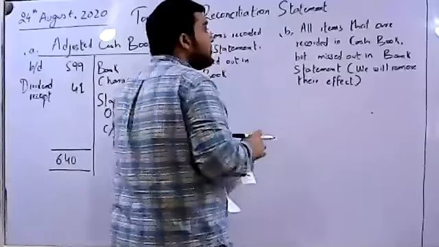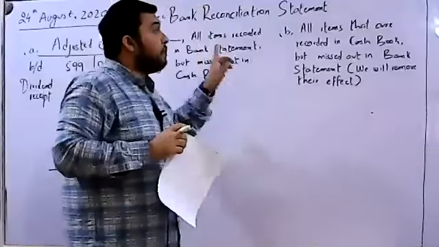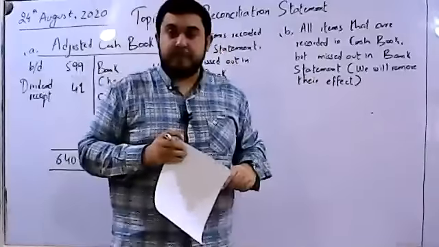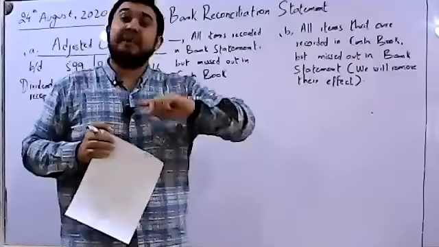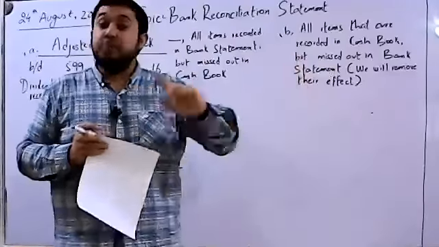There are a few items that have been recorded in the cash book but missed out in the bank statement. Now, whatsoever is recorded in the cash book but the bank hasn't recorded, we will remove their effect.